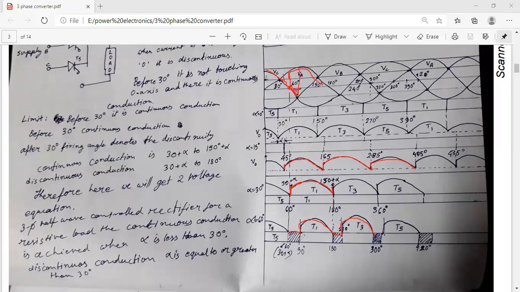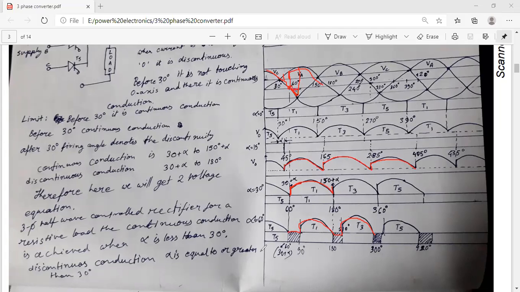So we can get two types of voltage diagram. One is continuous, that is up to 30 degree of firing angle we will get continuous conduction, and if the firing angle is more than 30 degree, then we will get discontinuous. Okay, so for continuous conduction, we need to keep our firing angle less than 30 degree or up to 30 degree.